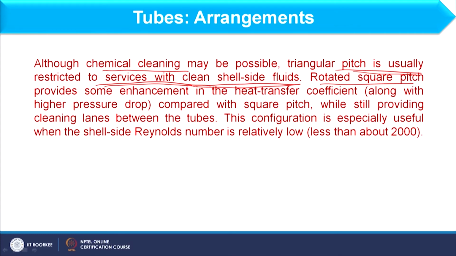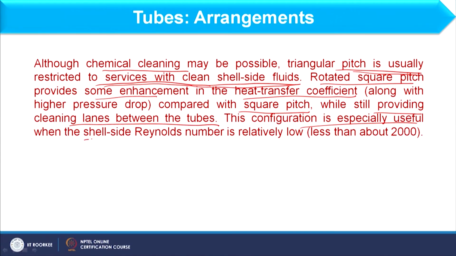Now, rotated square pitch provides some enhancement in heat transfer coefficient compared to square pitch, but is still providing cleaning lanes between the tubes. Okay. So, in triangular pitch, the main problem is the cleaning. That problem can be solved by using rotated square pitch, because in square pitch gap is more.